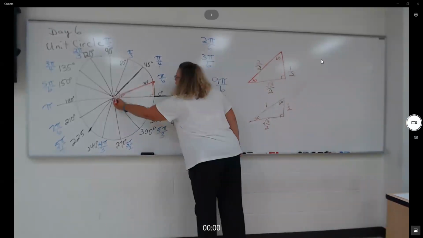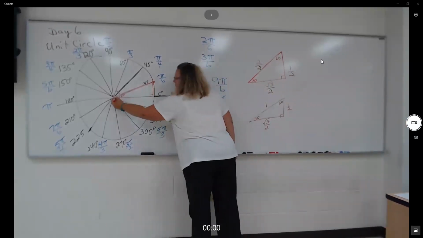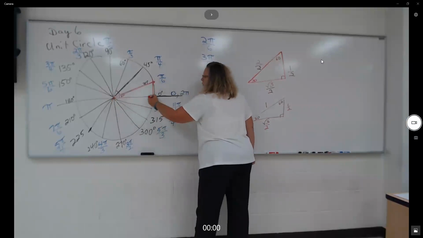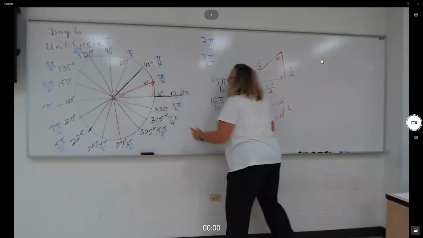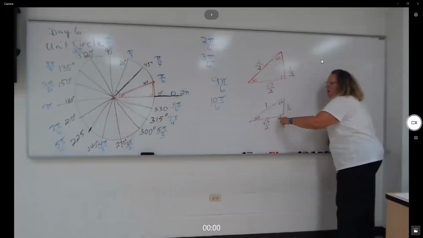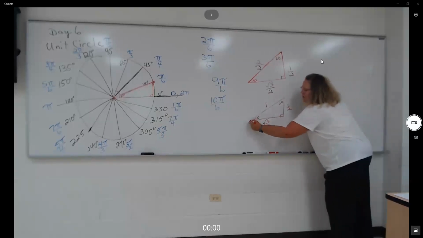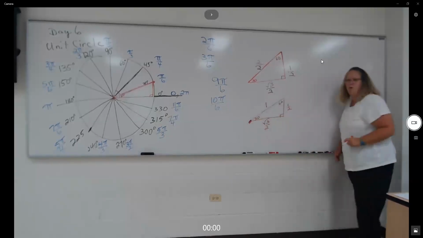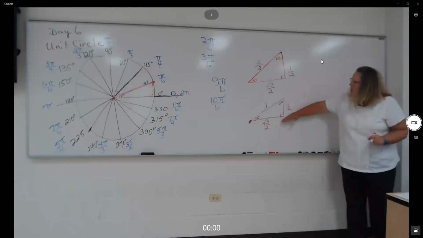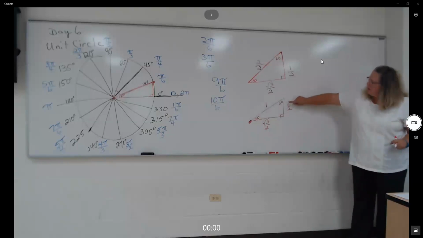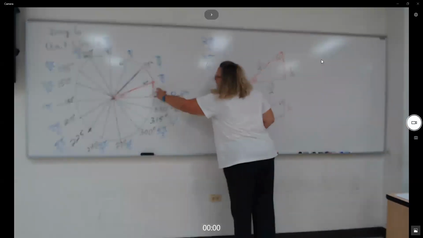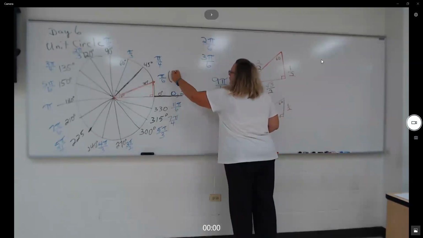So now I go over, this is my origin. I go over this distance. This distance is how much? This is my origin, square root of 3 over 2. And I go up how much? This right here is this right here, which is 1/2. So the coordinates here are the square root of 3 over 2.